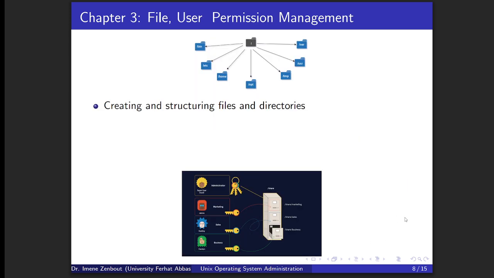where you will apply your commands in a command line interface. As for the third chapter, it will be a mix of both, where we will understand the system hierarchy and how we can create and structure files and directories, and how we manage accounts, users, groups, and so on.